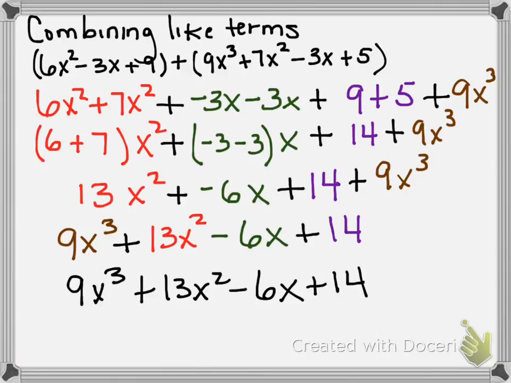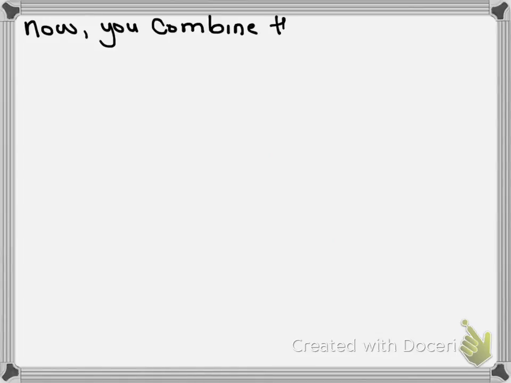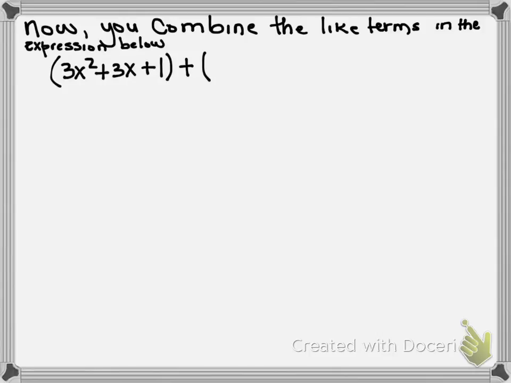Okay, now I would like you to try this just like the one we just did. I would like you to follow the steps step by step and complete it. All right, this is what you should end up with.